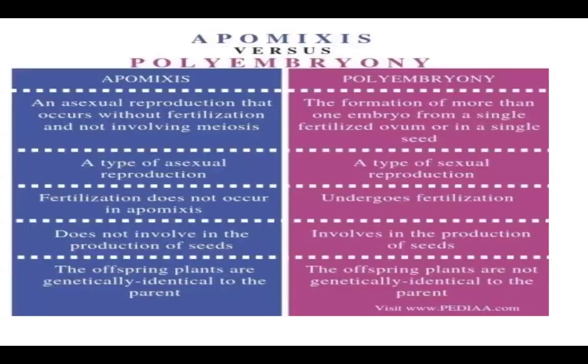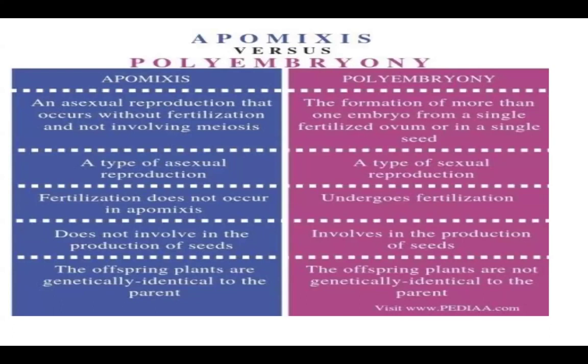Now to differentiate between apomixis and polyembryony: apomixis is asexual reproduction that occurs without fertilization and not involving meiosis. Polyembryony is the formation of more than one embryo from a single fertilized ovum or in a single seed. Apomixis is asexual reproduction; polyembryony is sexual reproduction.